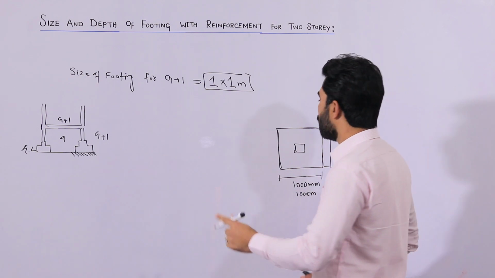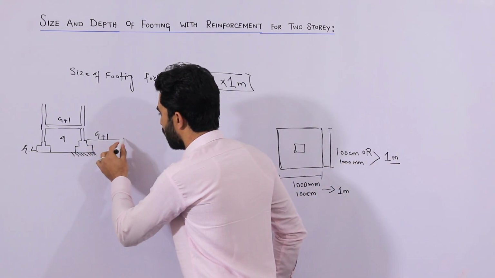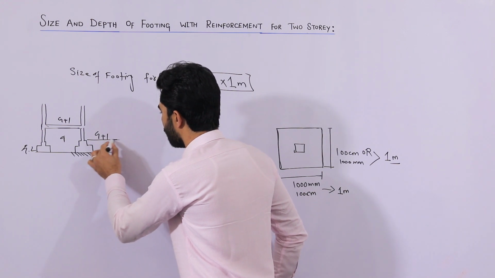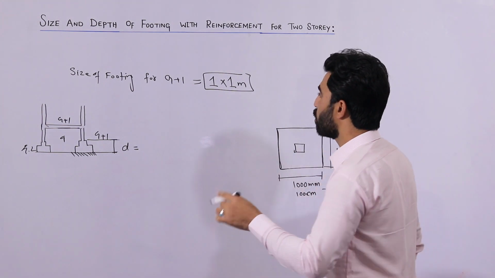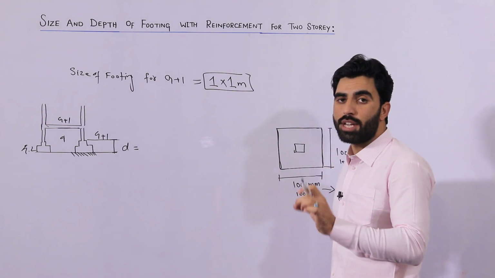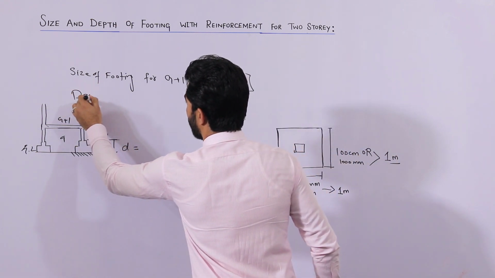Now guys, I will guide you for its depth. What should be the depth of footing? This is its depth. Remember guys, the depth of the footing should not be less than this, from IS 456 2000. So the next one is depth of footing.